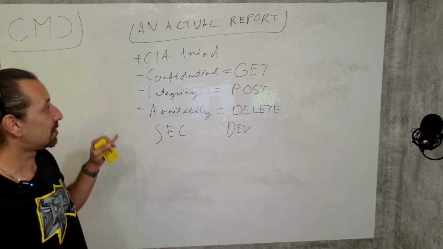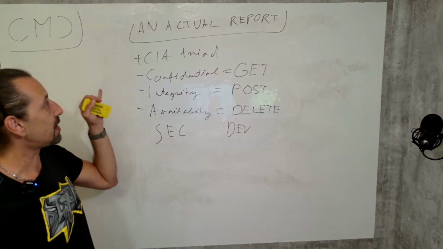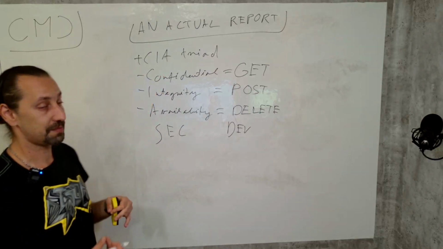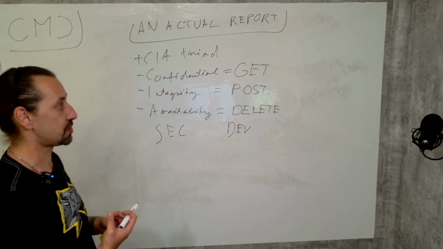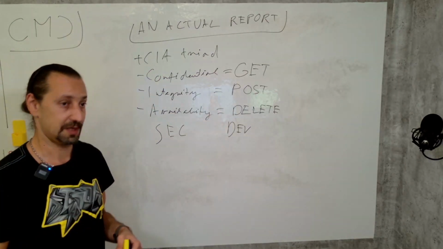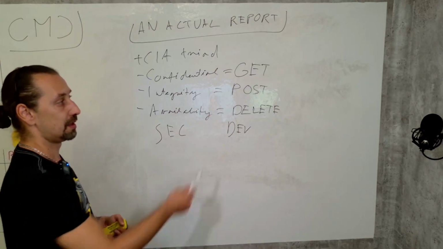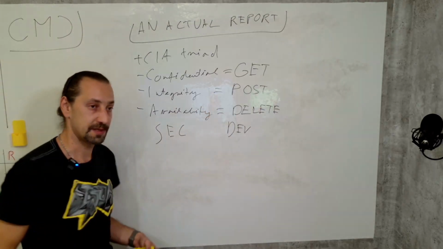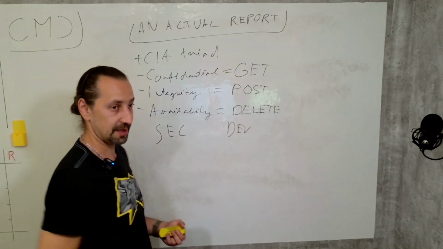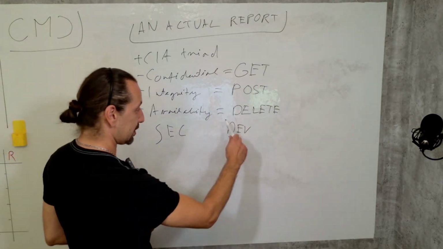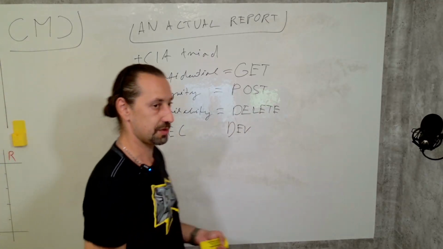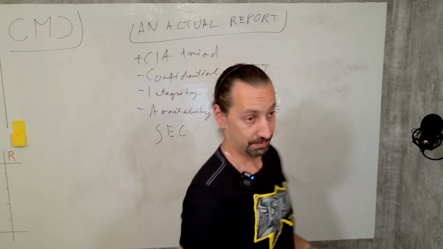So we could try to find, for an actual security report, which part of our code is violated. Is it exposing some information, letting the attacker put something into the code, or are they able to delete something that they're not supposed to?